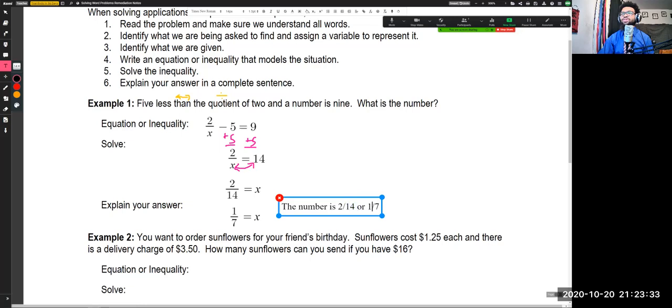All right. And the only reason we have two answers here is because we reduced. I want you all to get familiar with doing that, because that's something you're going to have to be familiar with. If you didn't reduce or that's confusing, that's why we have this 2/14. So the number is 2/14 or 1 over 7. All right. So now let's look at number 2.